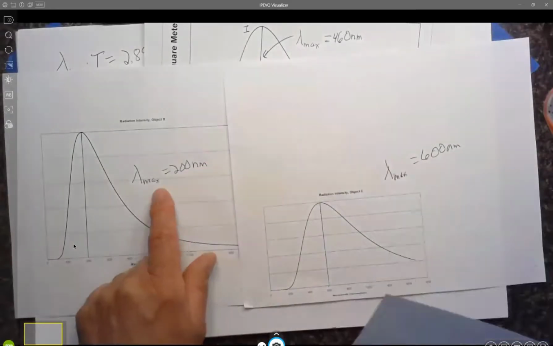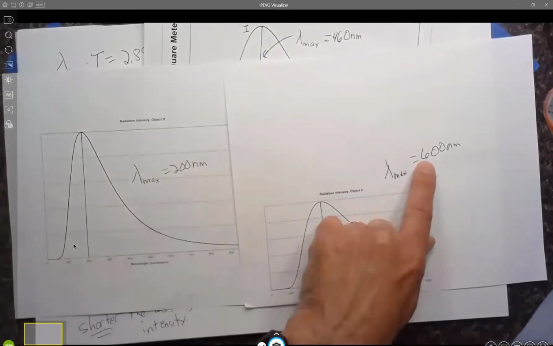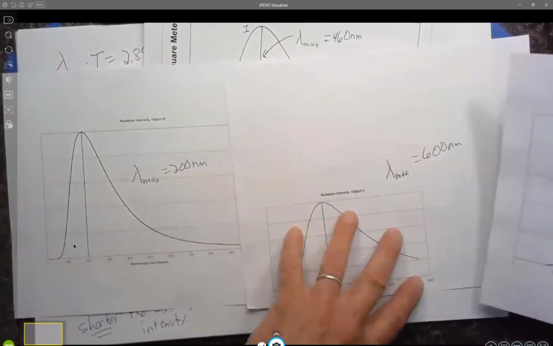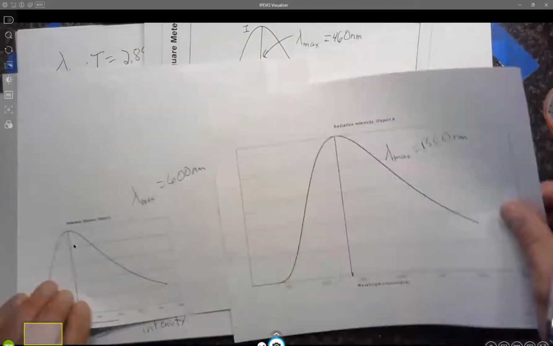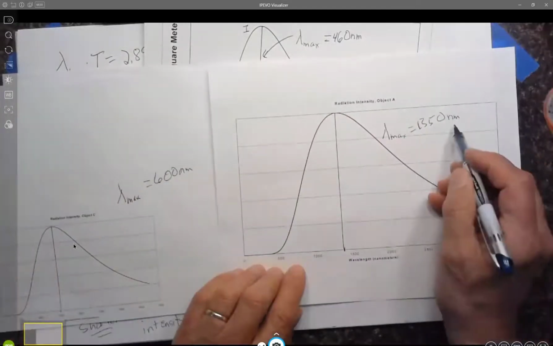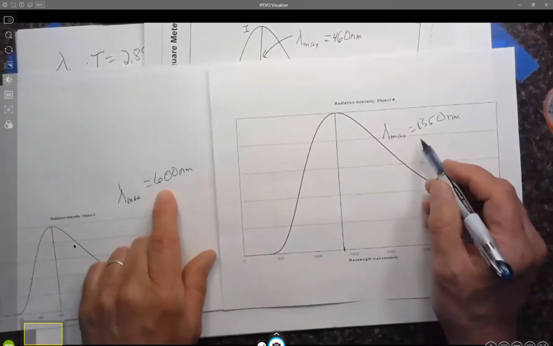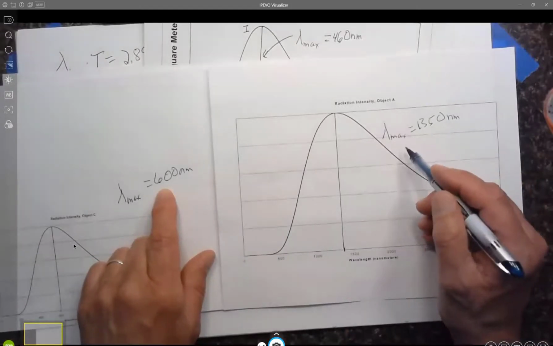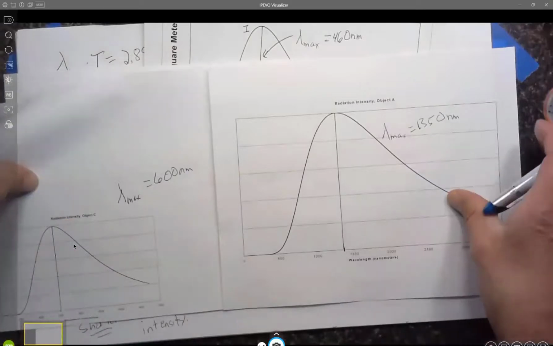In fact, I would expect this one to be 3 times as hot as that one. And then the 600 nanometer one is hotter than the 1350 nanometer one by a little more than a factor of 2. So let's see if those temperatures actually work out.